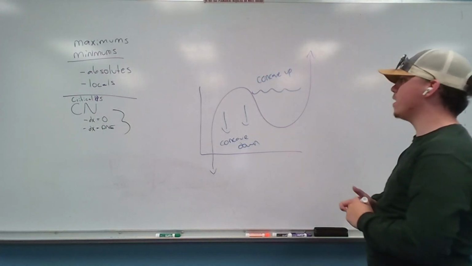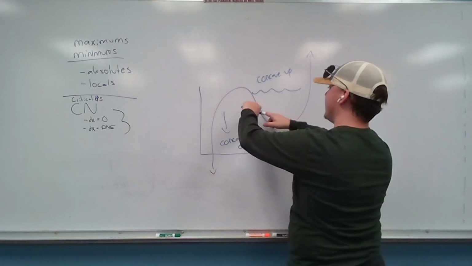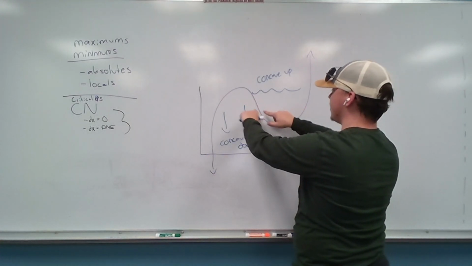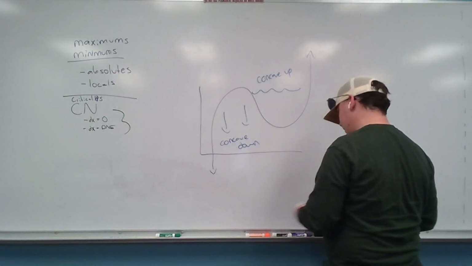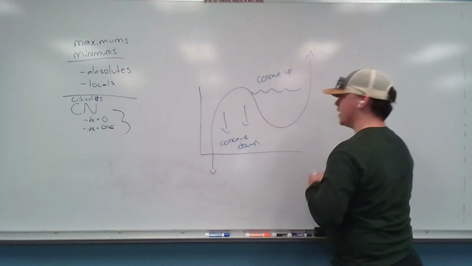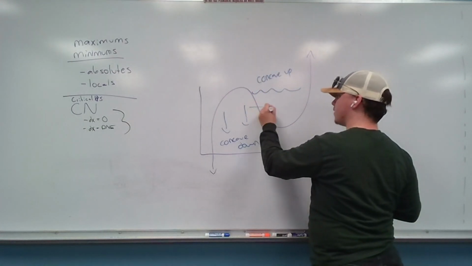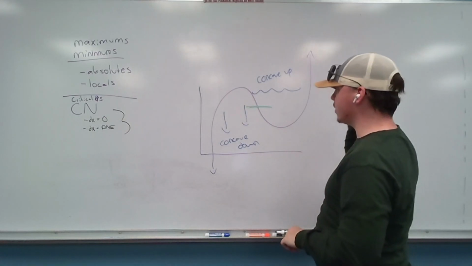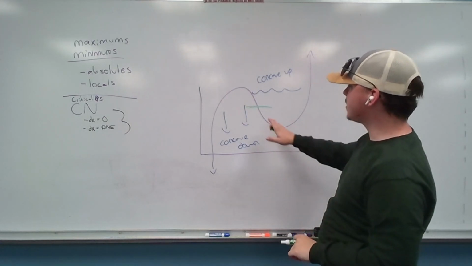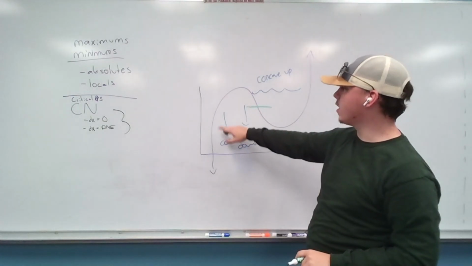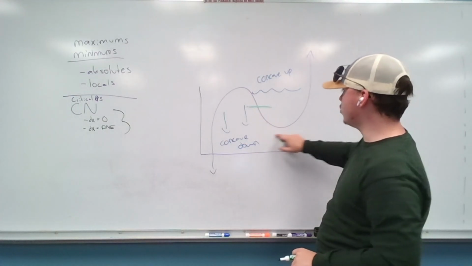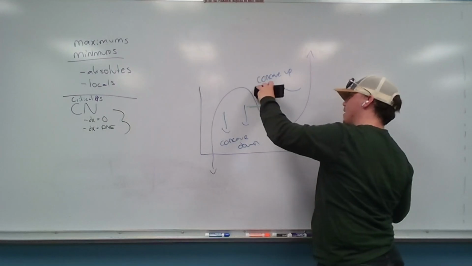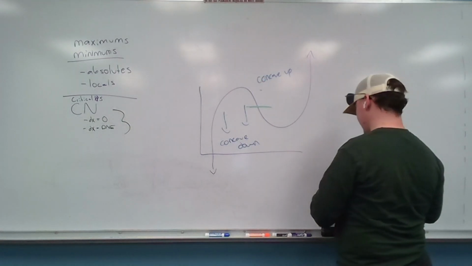Now you may ask the question, they're connected. At what point do I say that it's concave up instead of concave down? And that's a very good question. That's called the point of inflection. So right here is the point at which it changes, where all of a sudden we don't care about concave down because it has turned into concave up, which means that the water isn't going to be held right here.